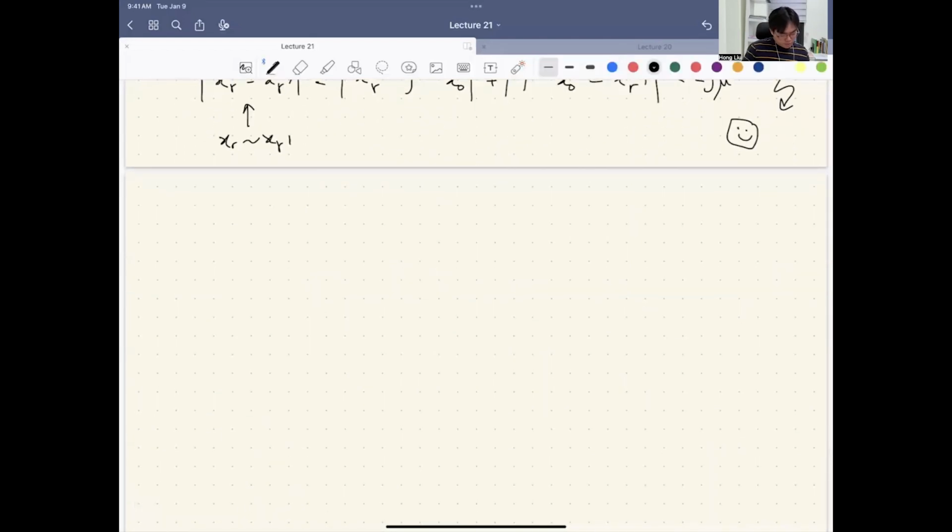Next property. Next property is that it has sublinear generalized independence number. For this, next we want to show this.